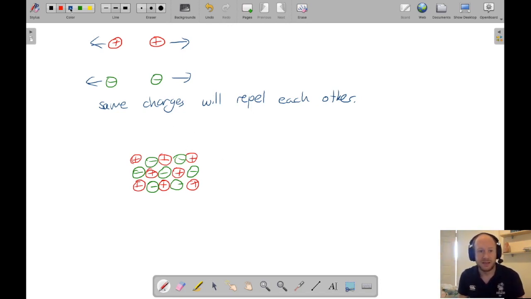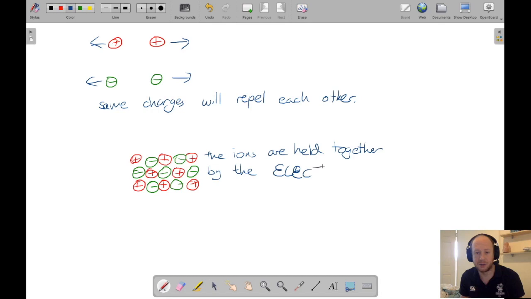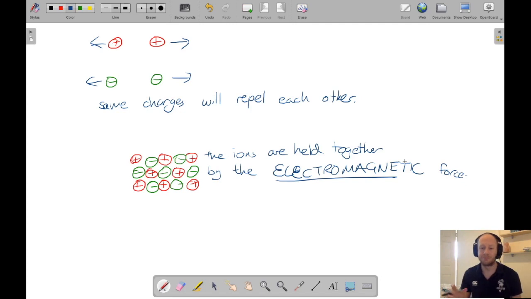Now, what's holding these atoms together? The ions are held together by the electromagnetic force. Remember that word, it will come up.